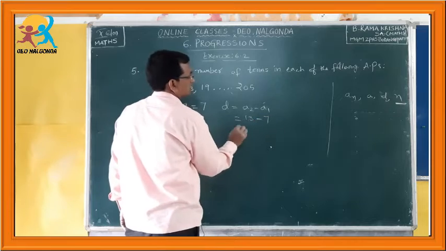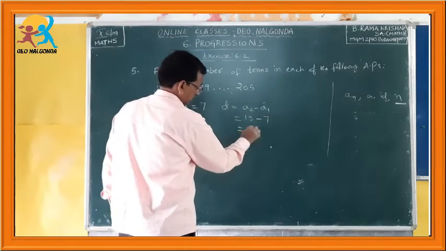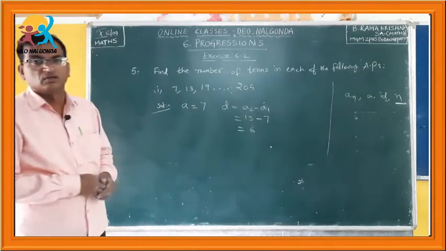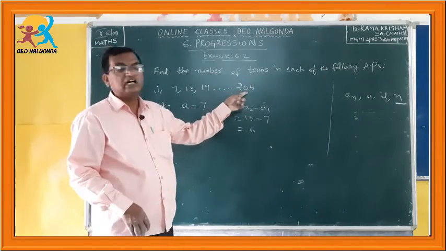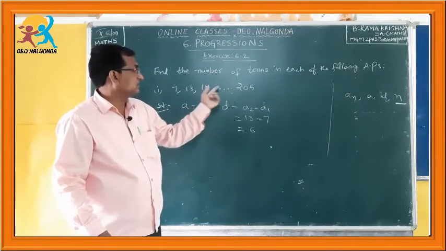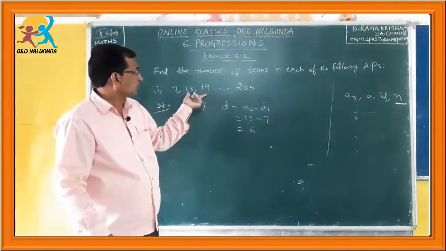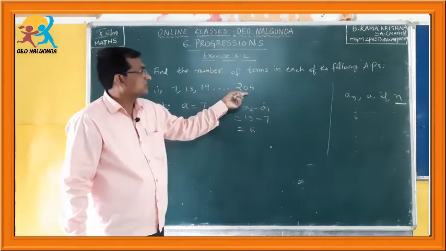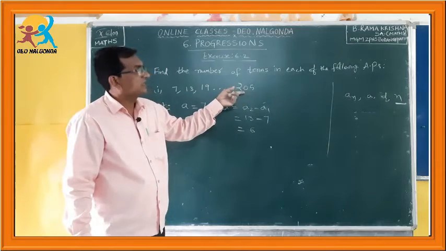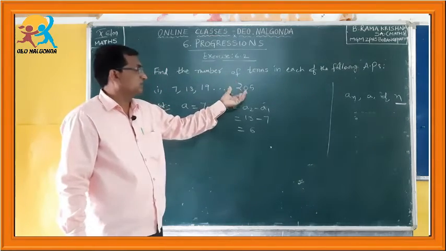13 minus 7, how much is this? This is 6. Now, what is this? 205. 205 is the last term, because this progression ends with 205, which means it is a finite progression.